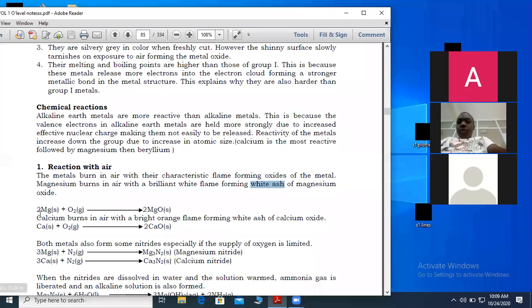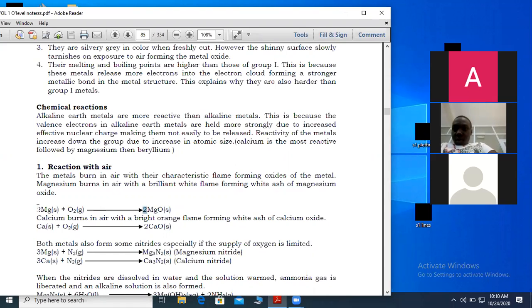This is one of the commonest questions on Earth, on the chemistry planet. And the white ash or white solid is magnesium oxide. So when magnesium burns in oxygen, it forms magnesium oxide, which is the white ash or white solid. To balance, we need a 2 on magnesium oxide.